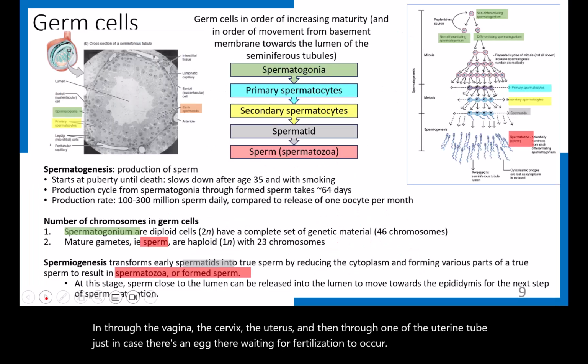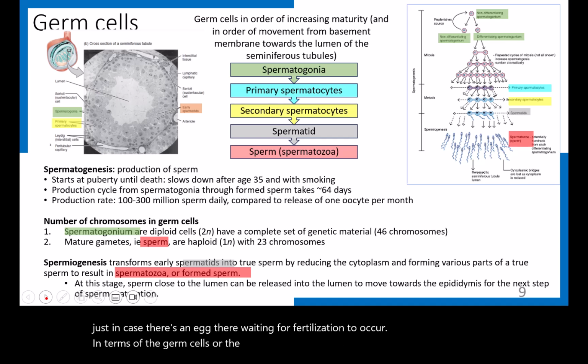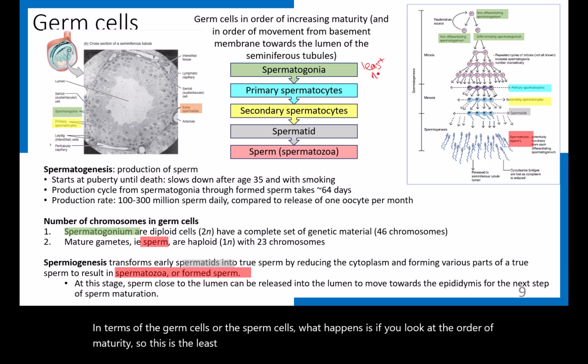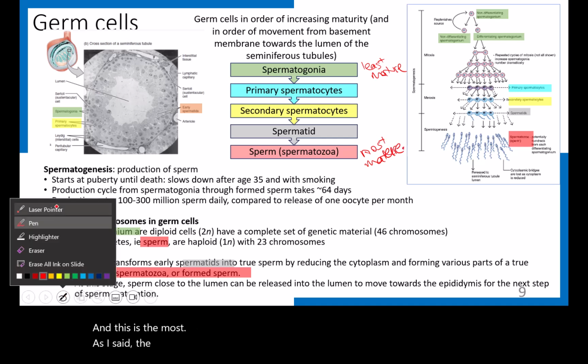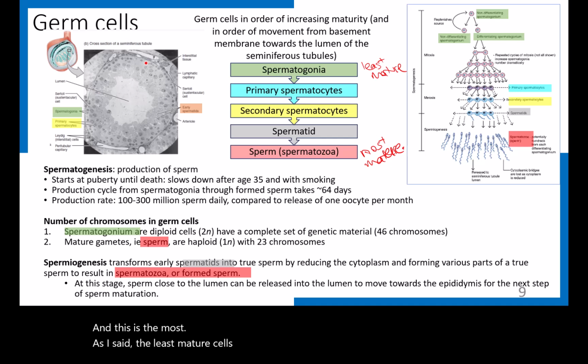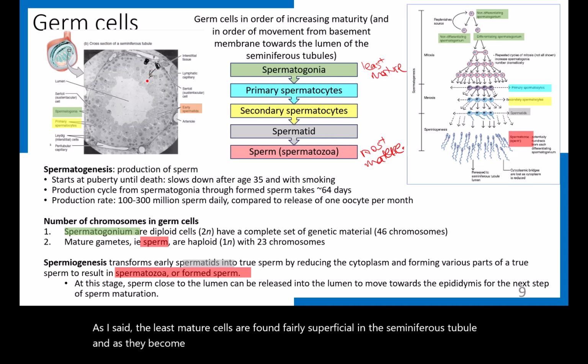In terms of the germ cells or the sperm cells, if you look at the order of maturity, this is the least mature, and this is the most mature. As I said, the least mature cells are found fairly superficial in the seminiferous tubule, and as they become more mature, they get deeper in, closer to the lumen.